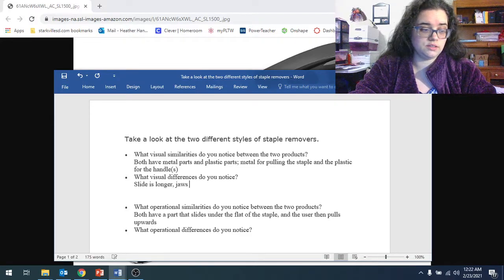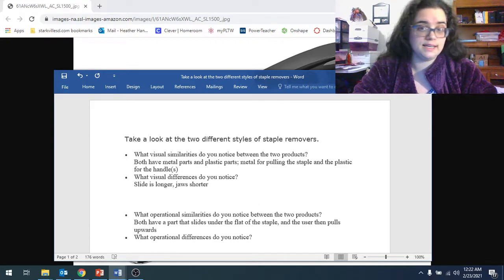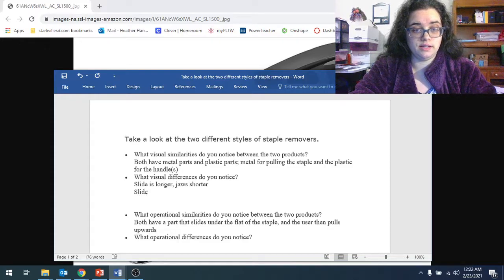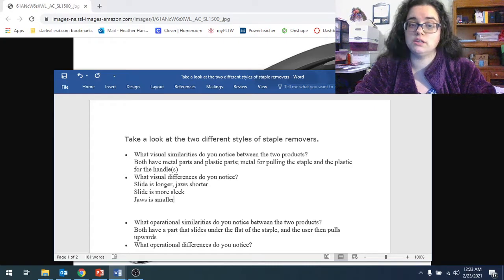The jaws one is shorter. What else do I notice? I notice that the slide is more sleek, and the jaws one is smaller.